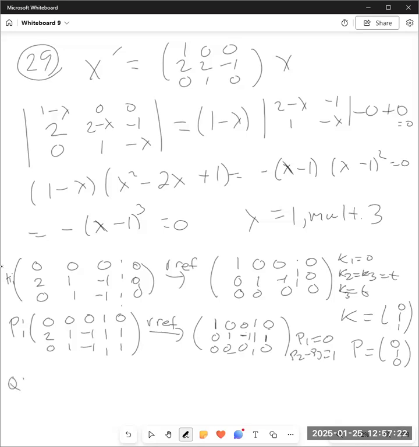Use P to come up with Q. 0, 0, 0, 2, 1, -1, 0, 1, -1, and then 0, 1, 0 over here.